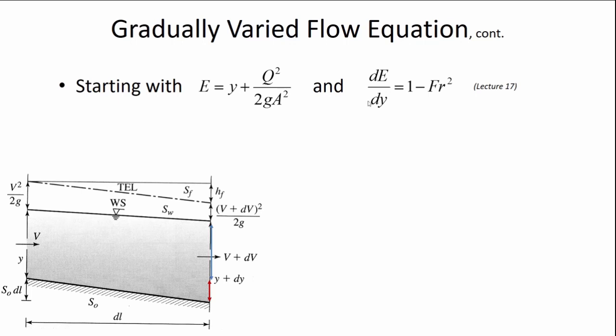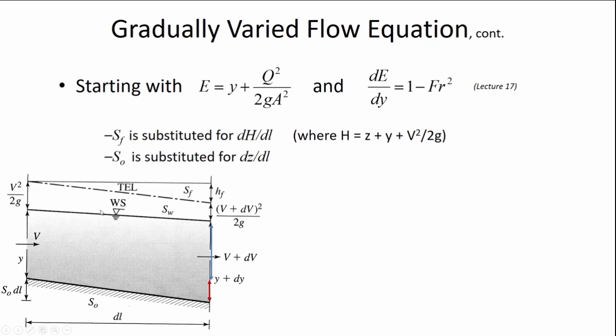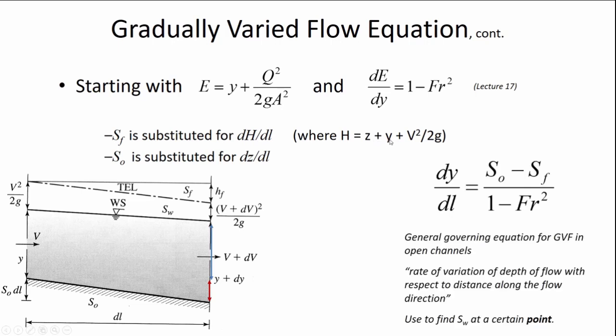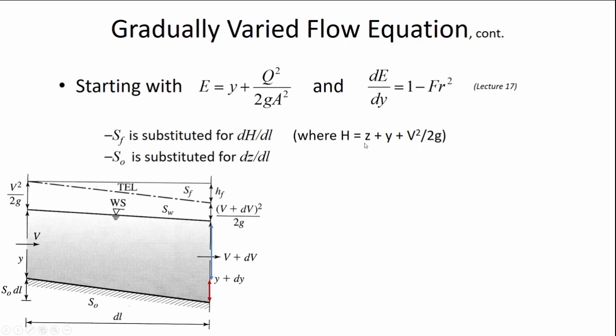Now what we're going to do with that is try and predict the slope of the water surface. And what we can do is say, well, the total energy, here in the text it's dH/dl, where H is the total head, including the depth, the velocity head, and some distance above vertical datum, so z.